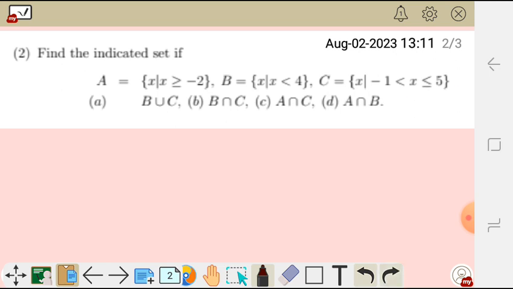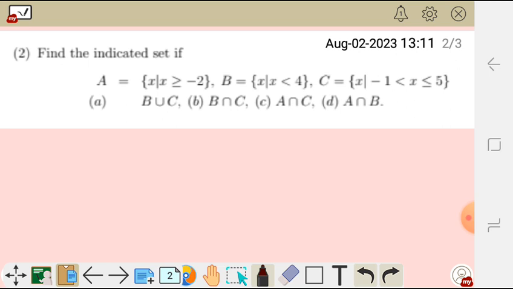The first one is to find B union C, then B intersection C, then A intersection C, and then A intersection B. So how can we solve these questions?